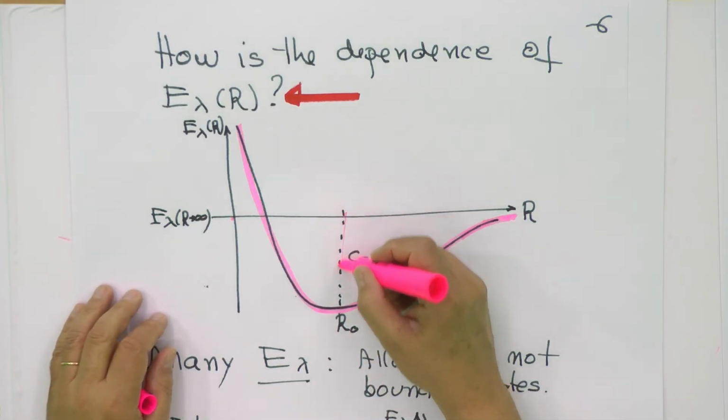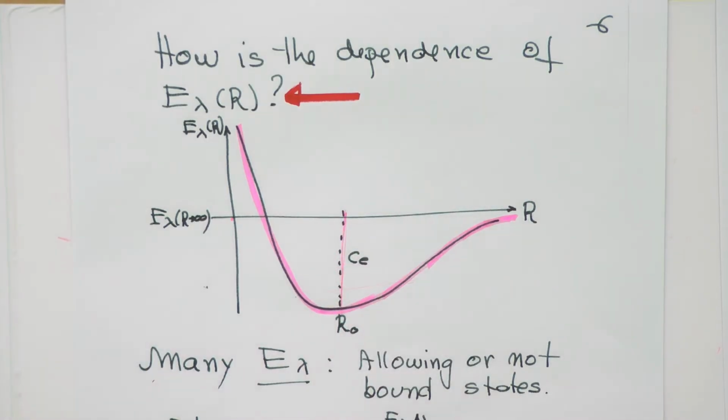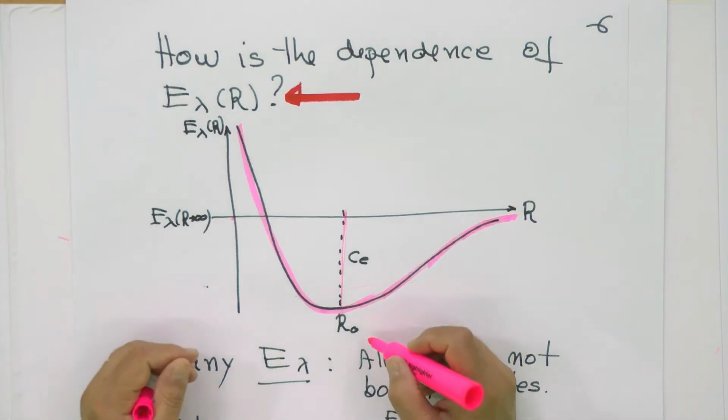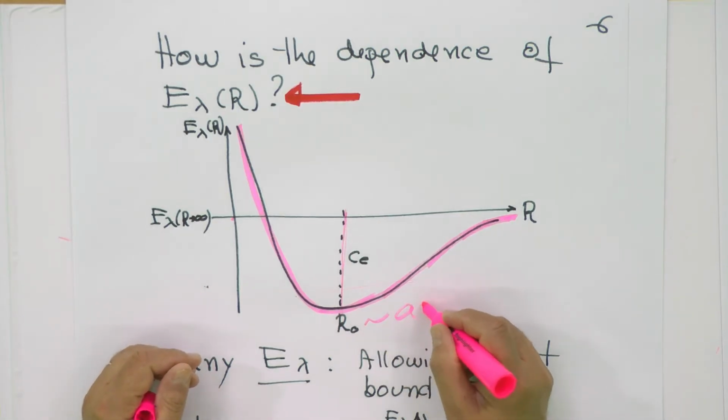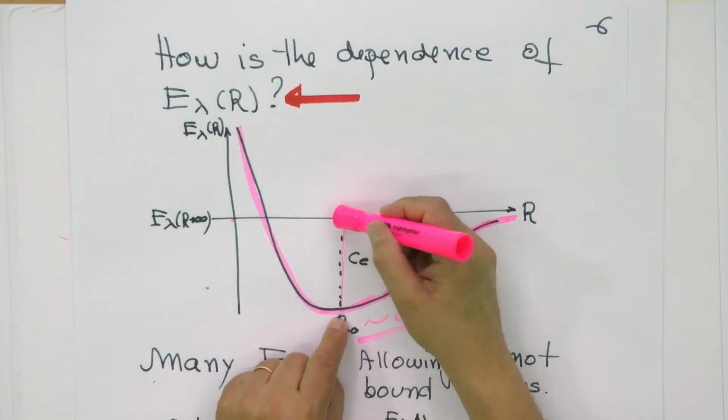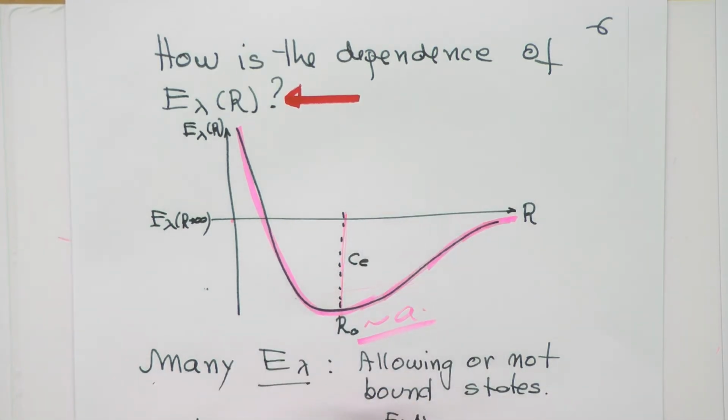And that is a position of minimum, which is normally where the molecule wants to stay. That's the average distance. This will be the A that we said in the very beginning, which is the rest position, let's say, or the equilibrium position.